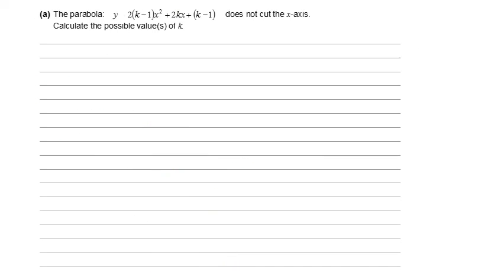Alright, last question, excellence. Does not cut the x-axis means the discriminant, which is b squared minus 4ac, is less than 0. Okay, so b squared minus 4ac is less than 0.